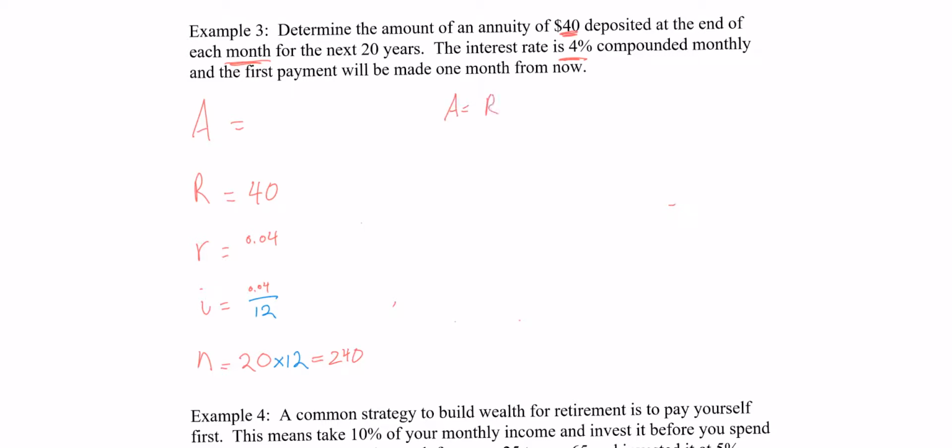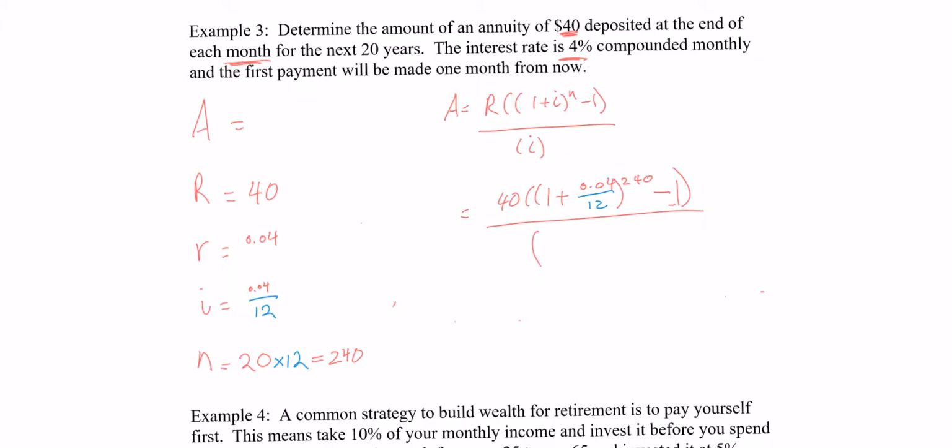Always start by writing our equation. A is equal to R, bracket, bracket, 1 plus I to the n minus 1 divided by I. Substitute directly in, so we got 40, double bracket, 1 plus 0.04 divided by 12. We'll keep as many significant digits as we can, raised to the 240.